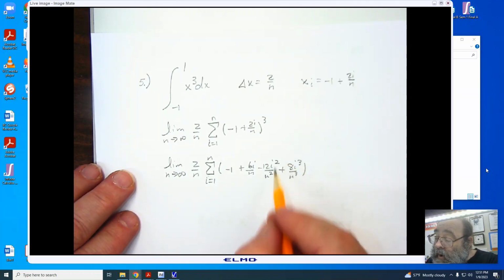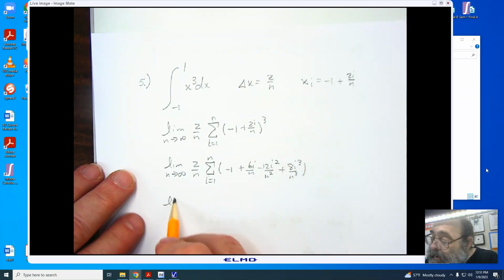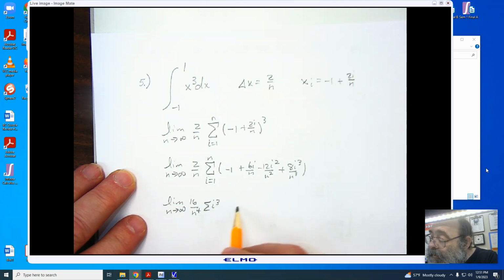Now, once again, I'm going to work with this piece first. So I have the limit as n is approaching infinity of 16 over n to the fourth summation i cubed.